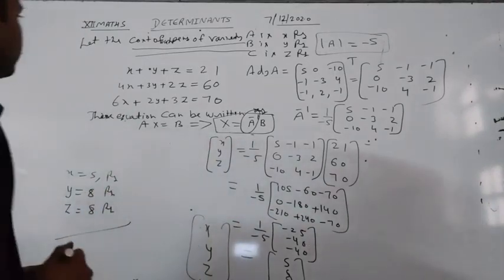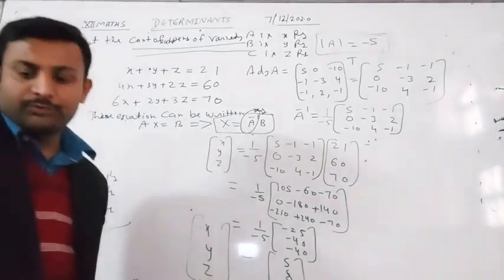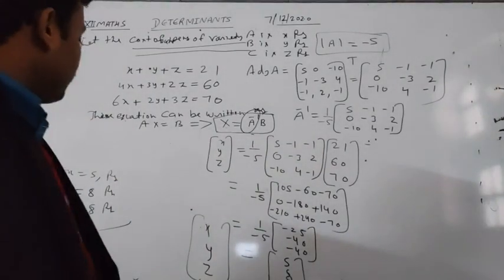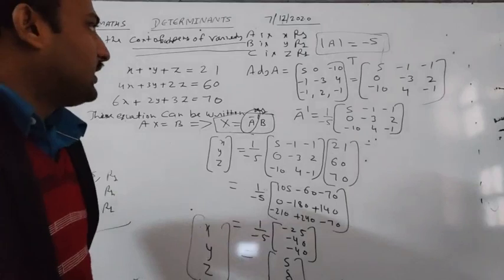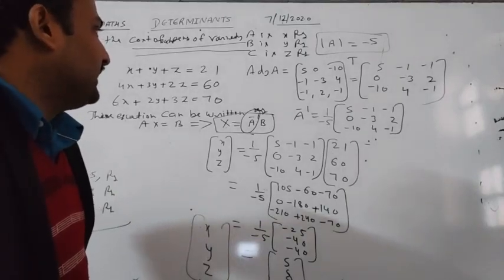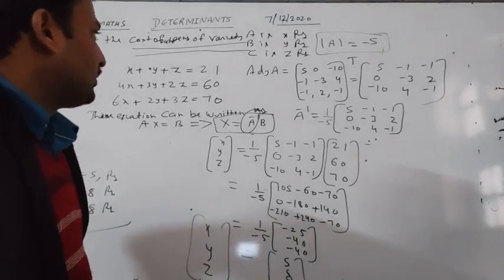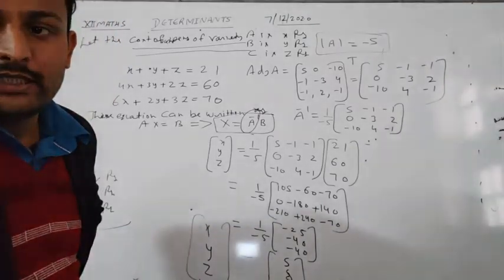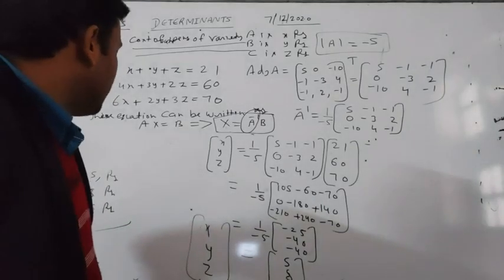So the cost of each pen of variety A is 5 rupees, the cost of each pen of variety B is 8 rupees, and the cost of each pen of variety C is 8 rupees.